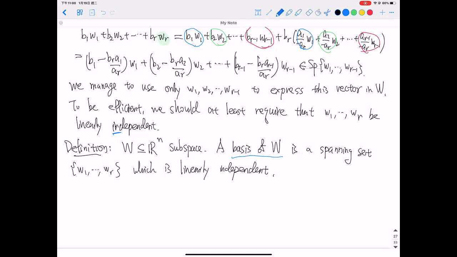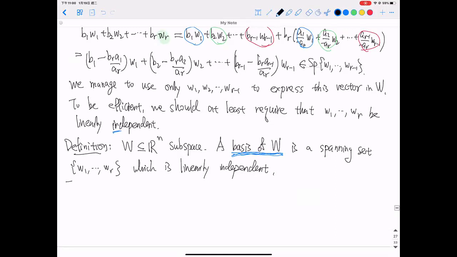So the object we're defining here is what we call a basis. As you can see in the definition, a basis is basically a spanning set that is also linearly independent. All right. Now, before we go on to consider some examples, let's put it as, I don't know, a theorem.